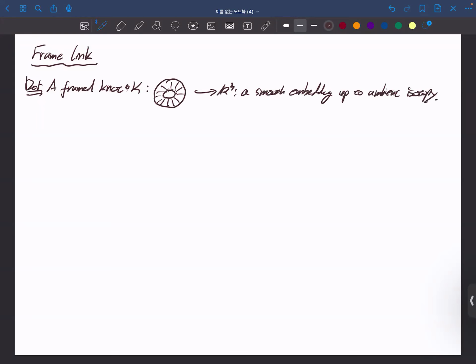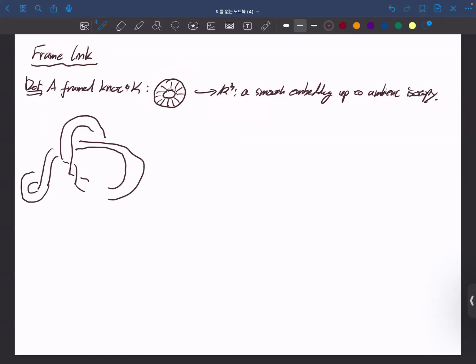So the framed knot is a smooth embedding, not of S1, but of S1 times I. Then they look like this, of course, they are bent. Such a knot is called a framed knot.